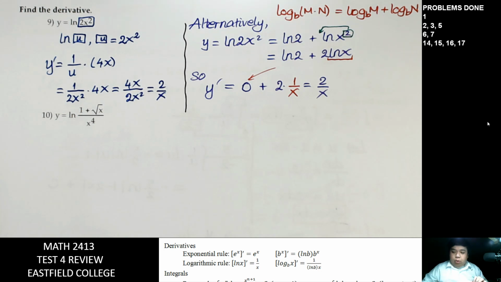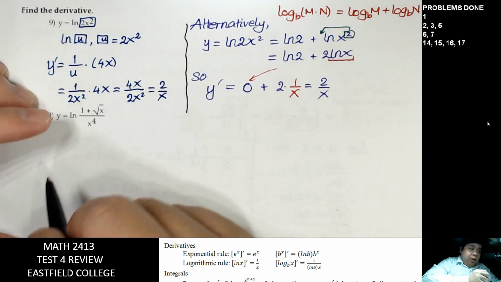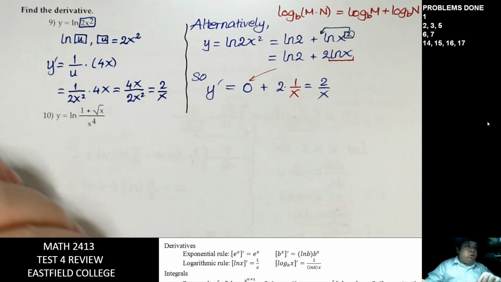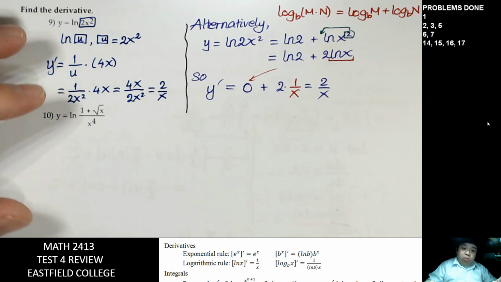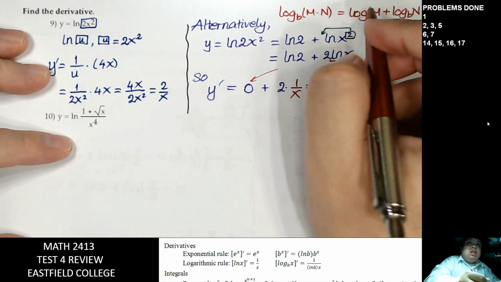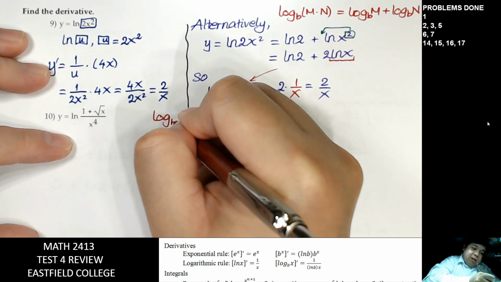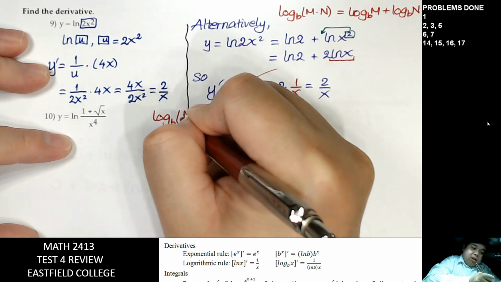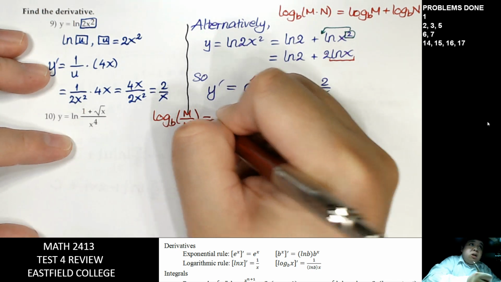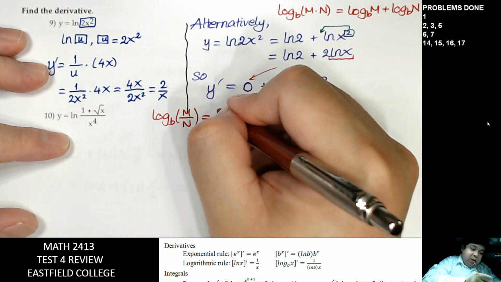Next, we do this. Even though we can use the quotient rule, that seems like a lot of work. So instead, we use something similar to this, properties of the log. But this time it is dividing, which turns to a difference.